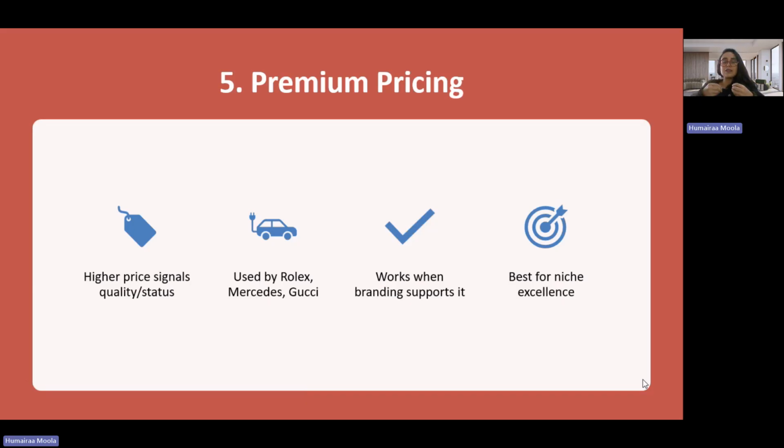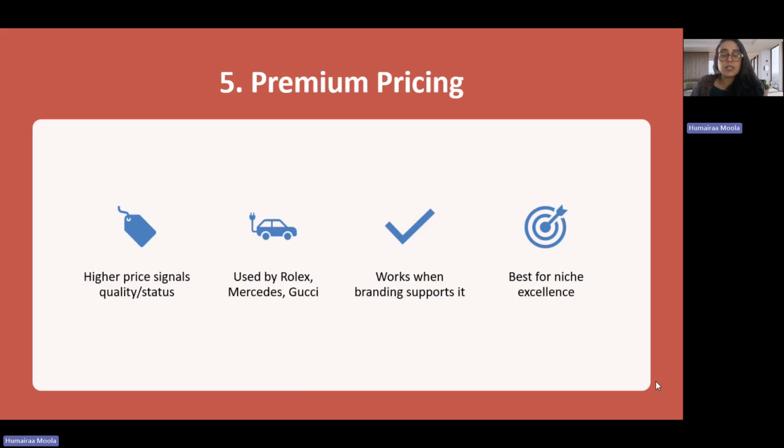And when small businesses or startups hear the word premium pricing, they sometimes assume that this only applies to luxury products, but it does not. Premium pricing can also apply to service businesses, to niche experts, to boutique agencies or specialists, or brands that offer more personalized, high touch, high quality experience.